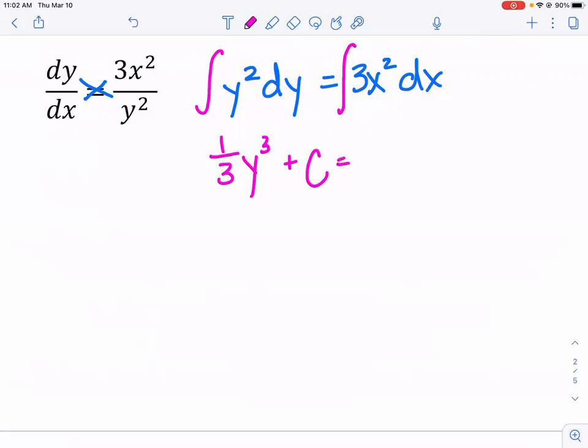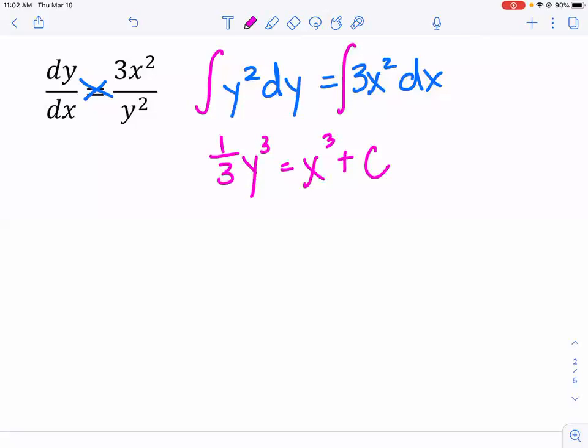Over here, our antiderivative would be x cubed plus c. Now, technically, our plus c's can combine to still be a constant. So we're going to move this one over to be with the other one, and we're just going to write 1 plus c with the x.